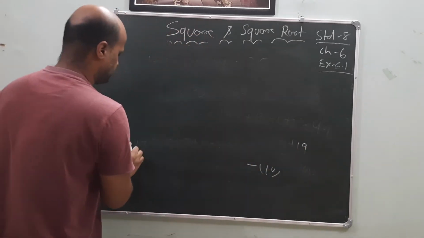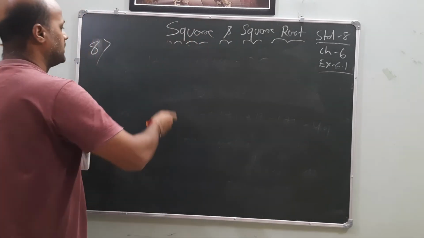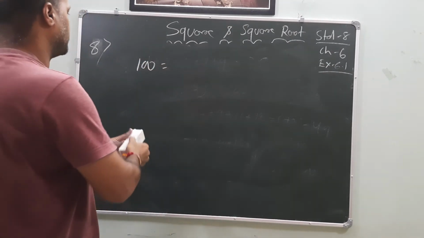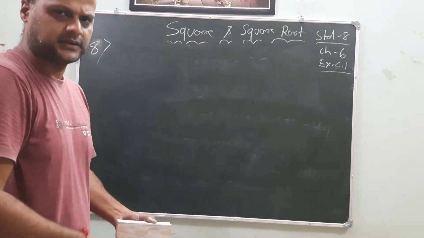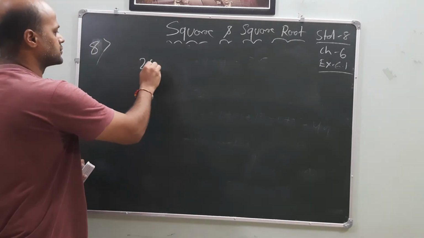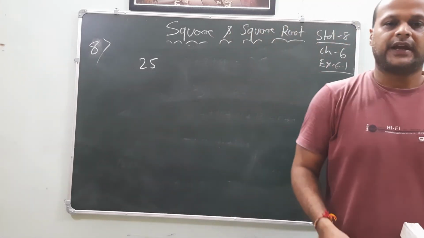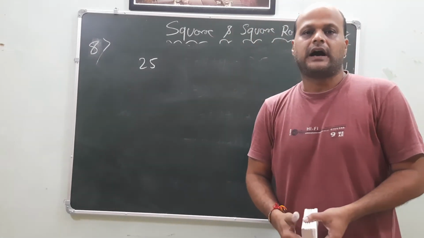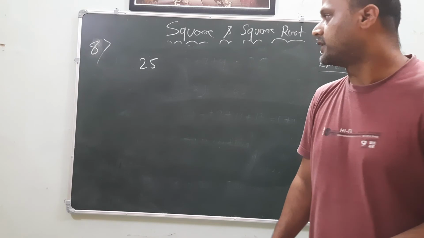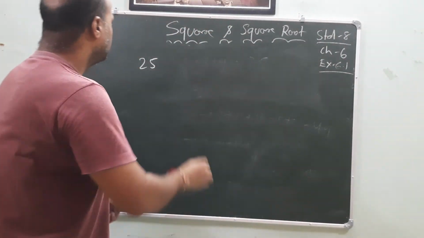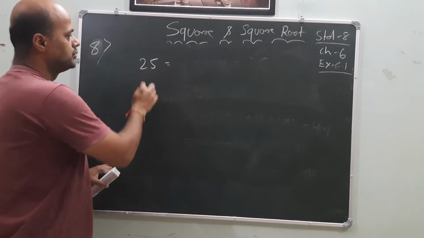Let's go for the smallest one so that you can easily understand. It's saying that express 25 as the sum of the odd numbers. Express 25 as the sum of odd numbers means, first what you have to do?